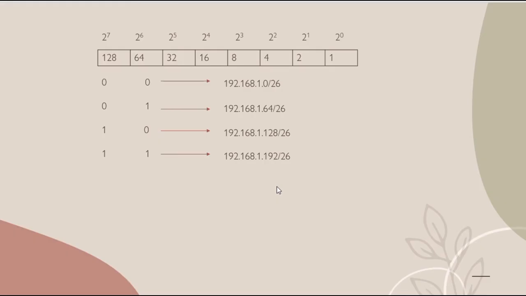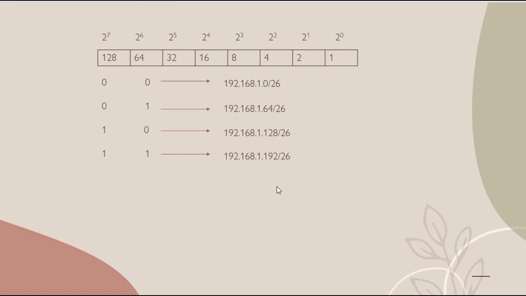And the last possibility is 11. Here there are 2 positive values, so add 128 plus 64, and we get 192. So the IP address is 192.168.1.192/26, which is allocated for the fourth subnet.